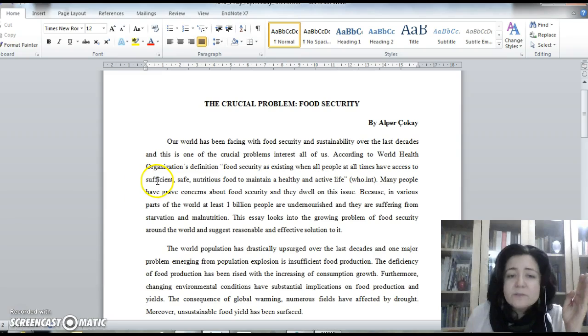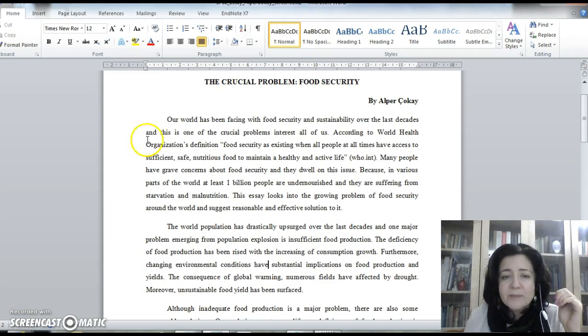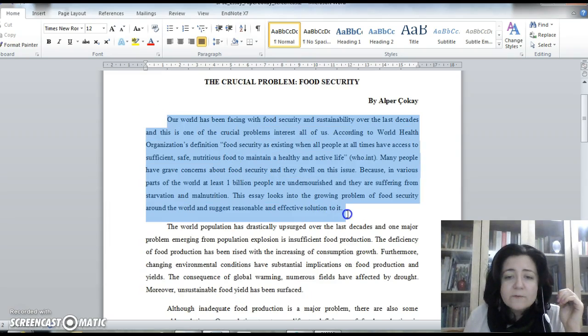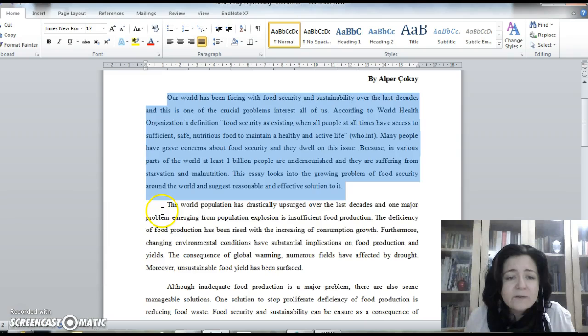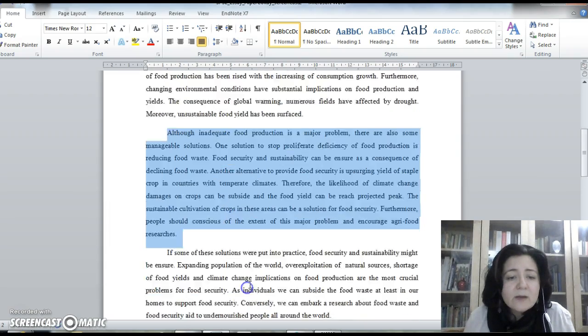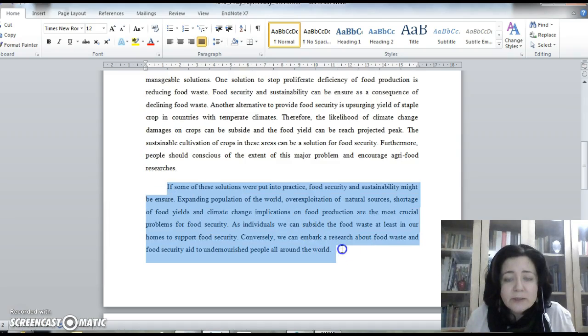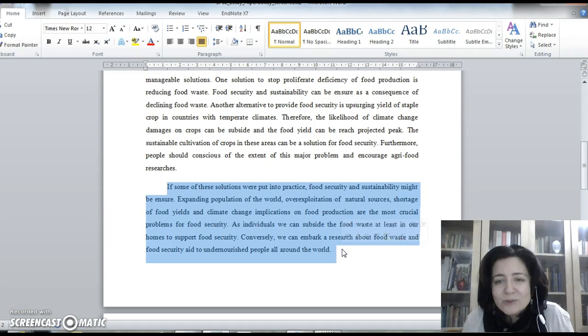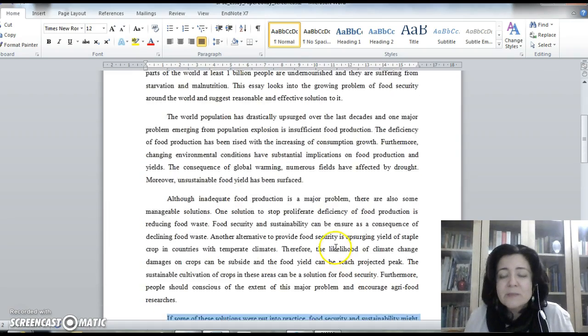Okay, as I've just mentioned, SPSE stands for Situation, Problem, Solution and Evaluation. And here you have four paragraphs. The first paragraph is apparently the situation paragraph, problem paragraph, solution paragraph, and evaluation paragraph. So where are the introduction and conclusion paragraphs of this essay?